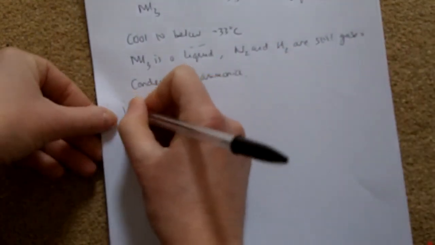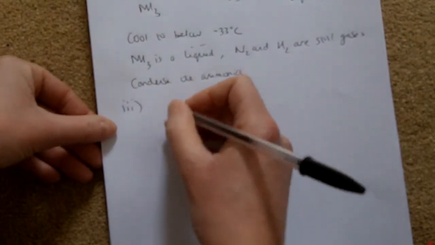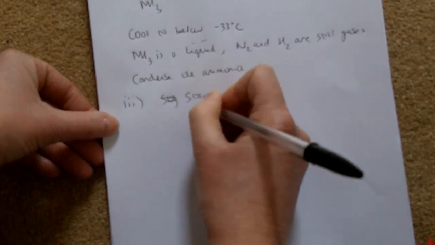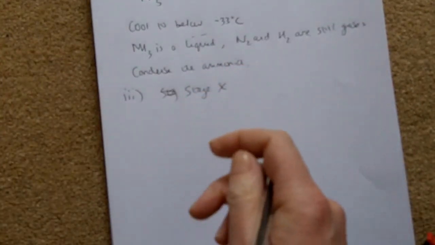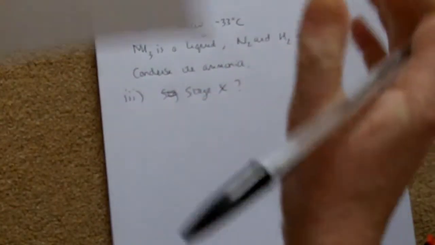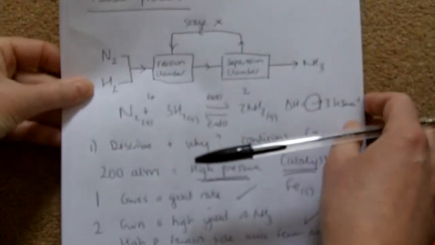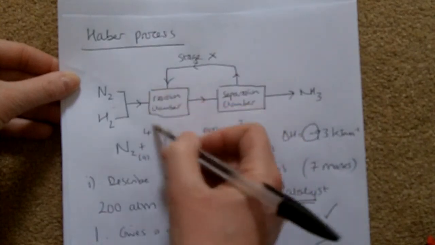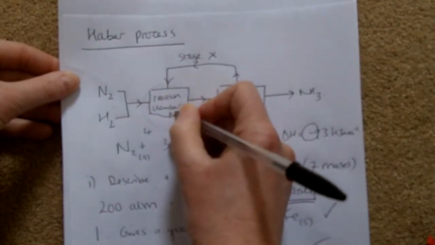Final question, part 3. Suggest what happens in stage X. What is happening in stage X in the diagram? So we go back to the diagram. The reactants come into the reaction chamber, makes ammonia.